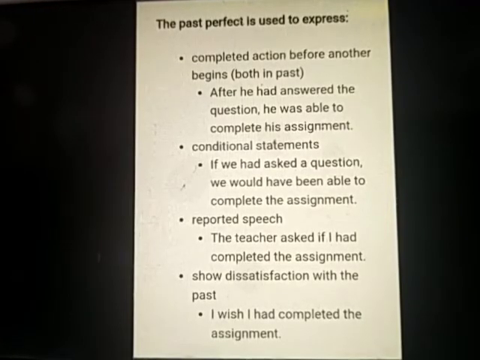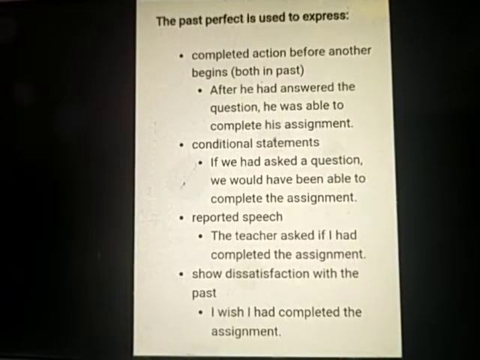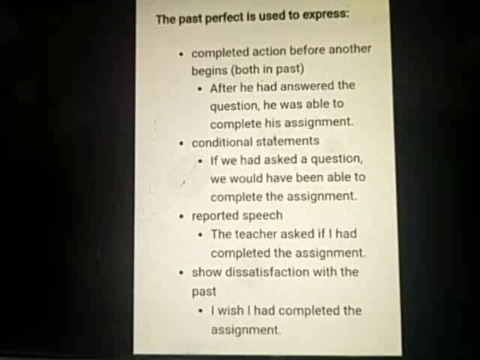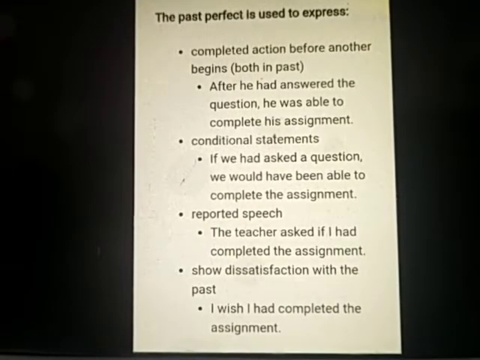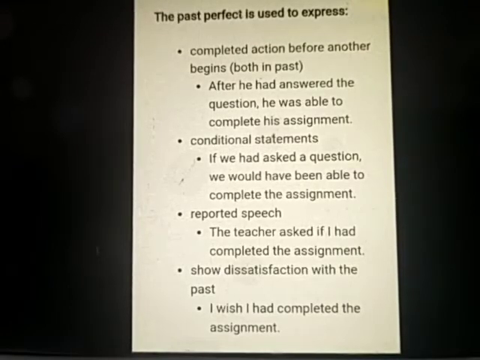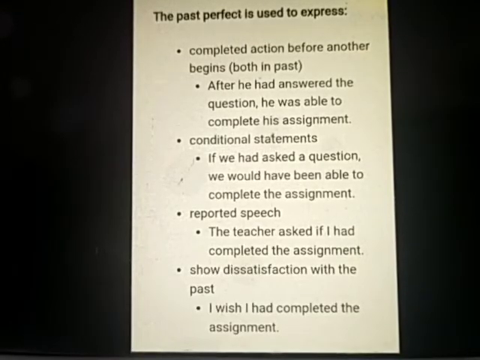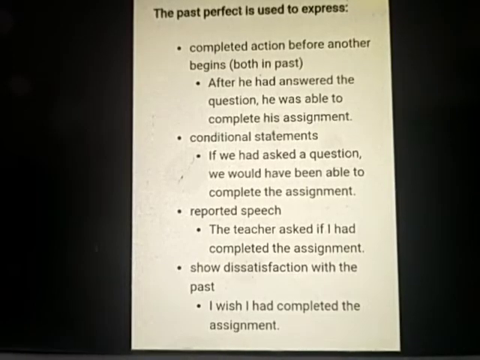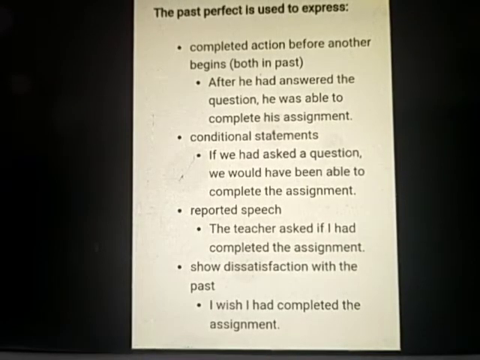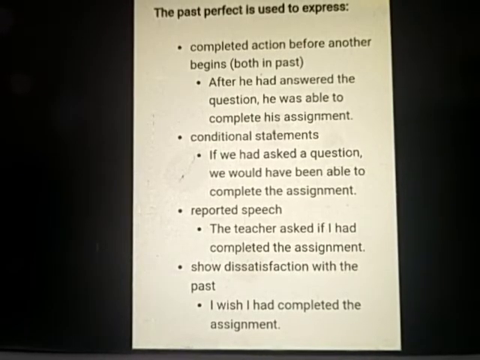If we had asked a question, we would have been able to complete the assignment. Next is reported speech. The teacher asked if I had completed the assignment. Then next is show dissatisfaction with the past. For example, I wish I had completed the assignment.